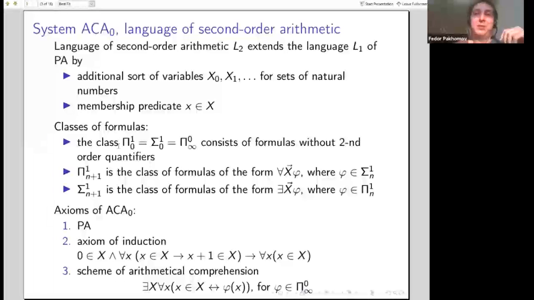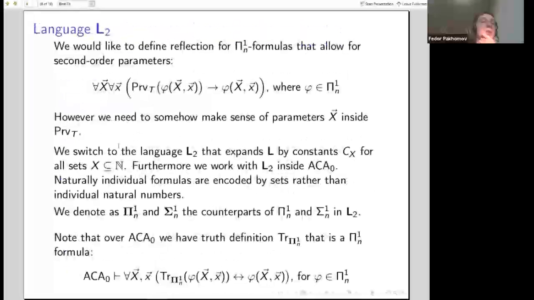So for any property of this sort, we can form a set. And it's well known that the system ACA0 is first order conservative over PA. Okay, so this is basically our setting.